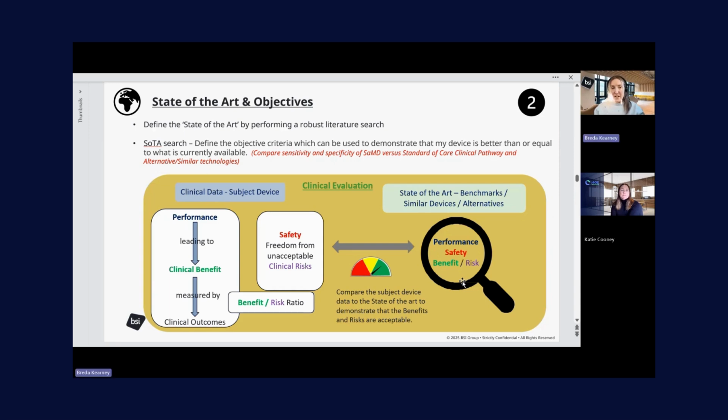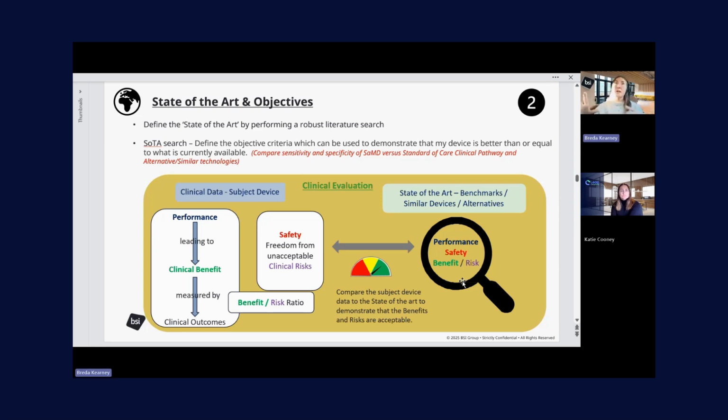From the state of the art analysis, this is where you're doing your robust literature searches. Then from your analysis, you're going to define objective criteria, which you'll use to demonstrate that this software is better than or equal to what is currently available. So that's essentially what you're trying to do.